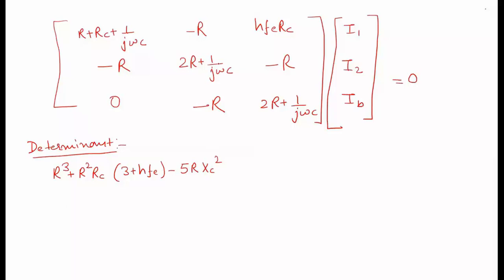What is XC? XC is 1 upon j omega c, so we can write it as minus JXC. So we have written here XC minus RC XC square minus 6J R square XC minus J4 R RC into XC plus JXC cube is equal to 0.